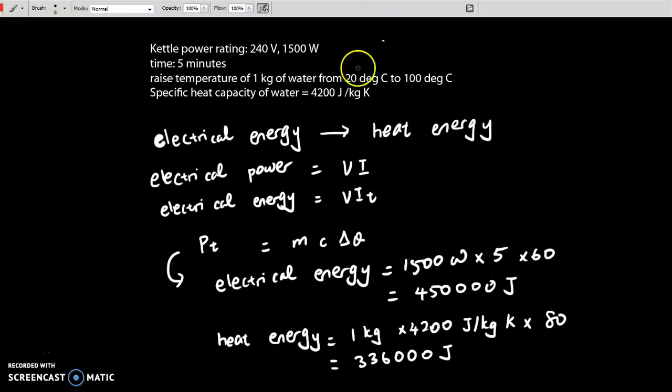Now, at this point of time, it will be useful to check, because the amount of energy that I supply cannot be smaller than the energy that I obtain. If you make a computational error and the heat energy is larger than the electrical energy, I know something is wrong. Or if I find that the heat energy is very much smaller.